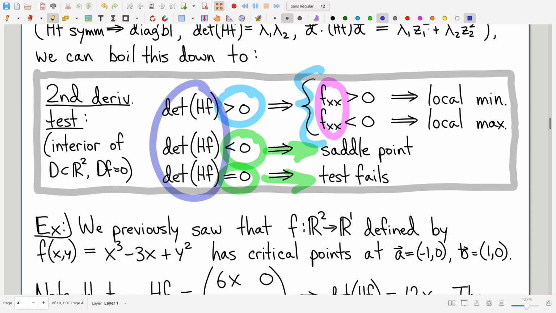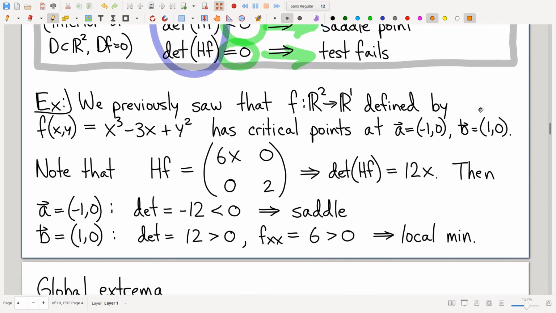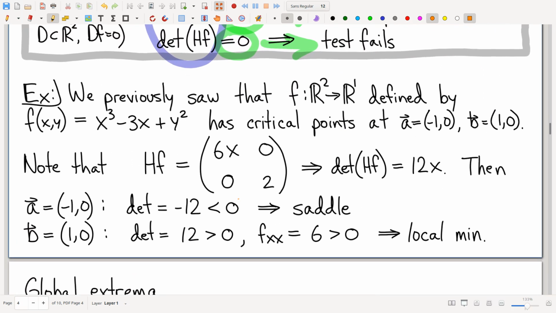This is actually a little bit familiar. This is kind of like the single variable second derivative test. Positive means a minimum, negative means a maximum. Okay, but you have to keep in mind, this business right here only applies if that Hessian determinant is positive.